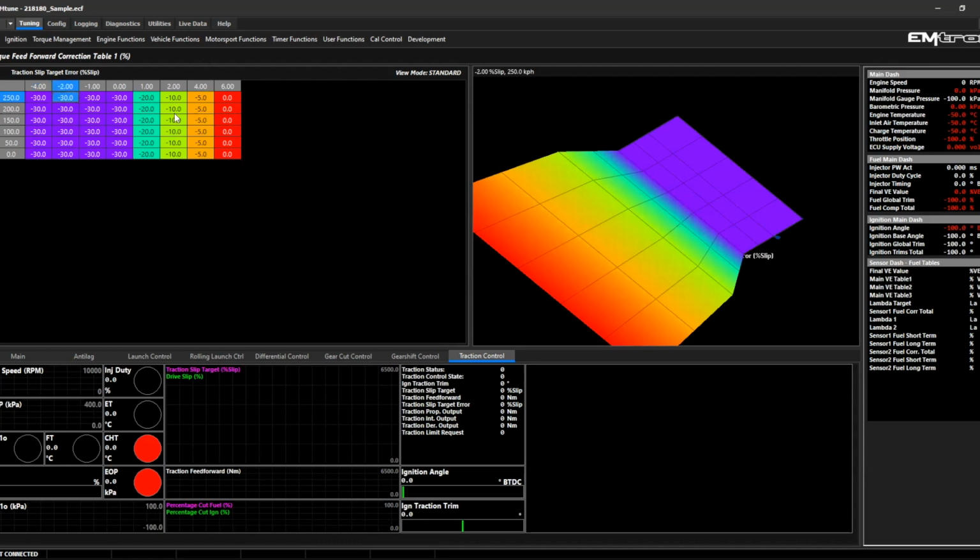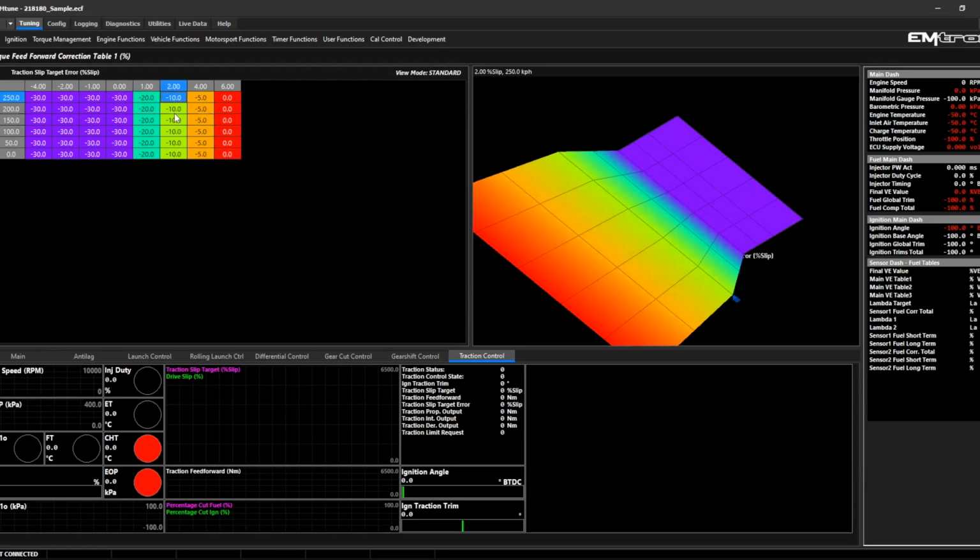Now, what this little table does is, it's not doing anything in the y-axis as you can see, but it's spanning against the target error of zero, and it provides a level of, I guess you would call it proportional gain, torque reduction before it reaches the slip target.